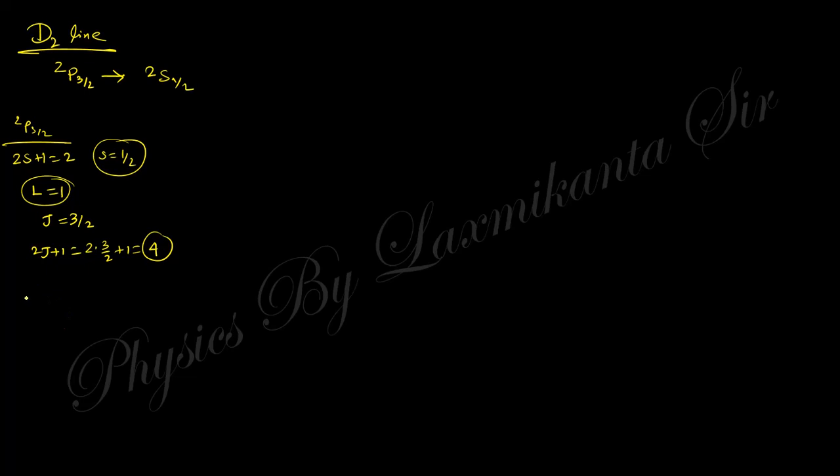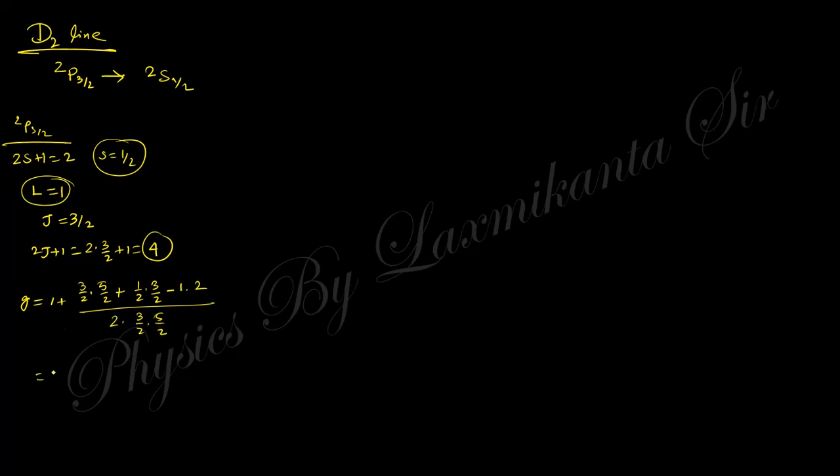And what is the value of g? g is 1 plus j into j plus 1, that is 3 by 2 into 5 by 2, plus s into s plus 1, half into 3 by 2, minus l into l plus 1, over 2 into j into j plus 1, 3 by 2 into 5 by 2.